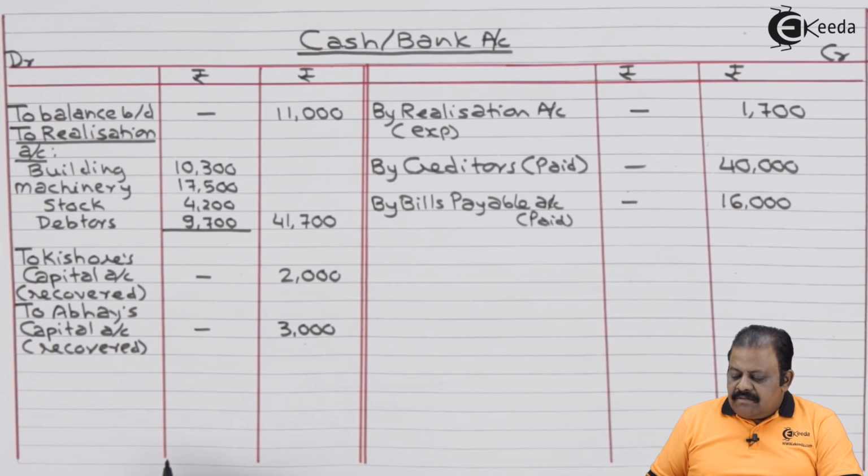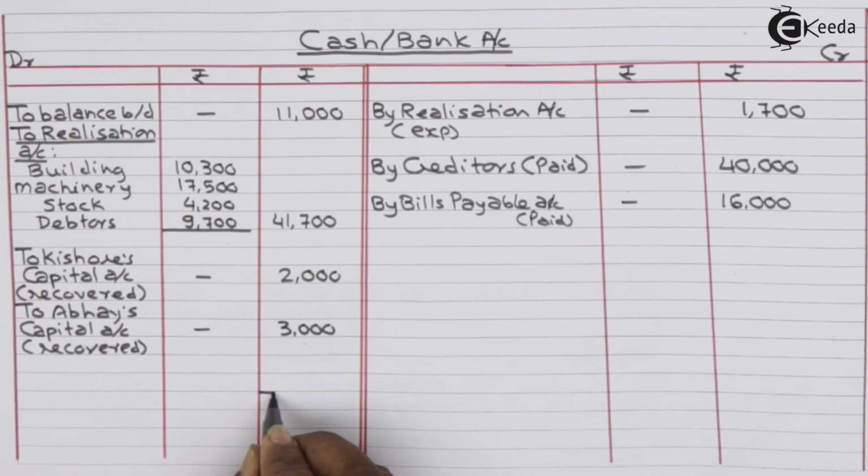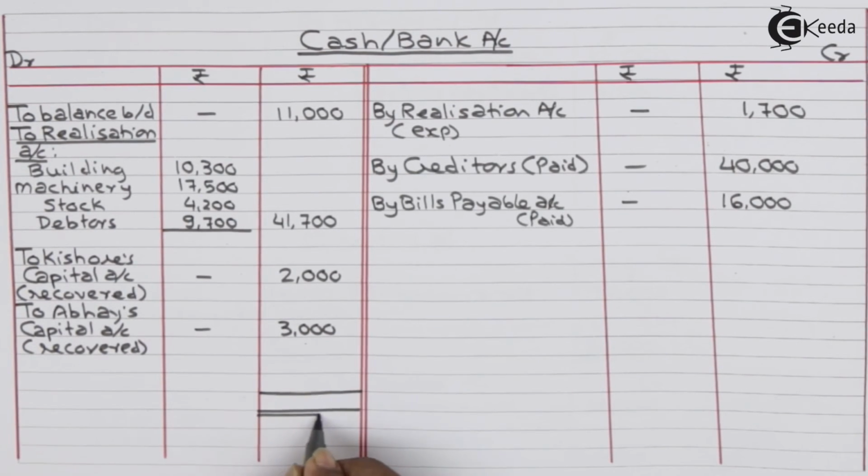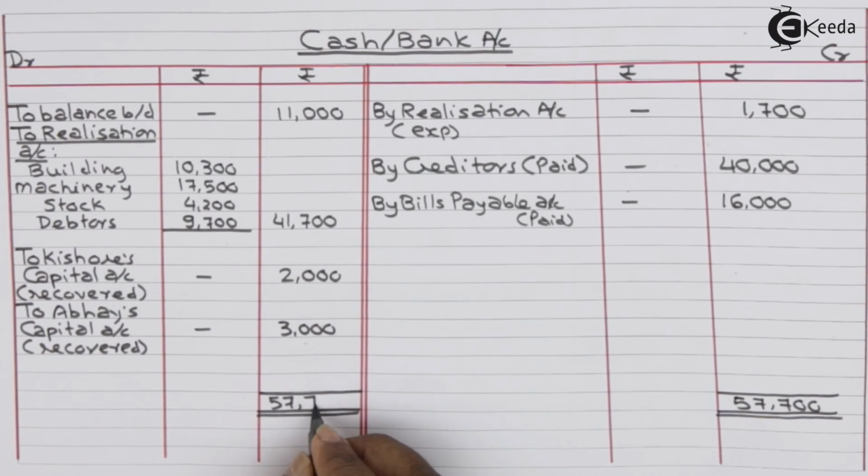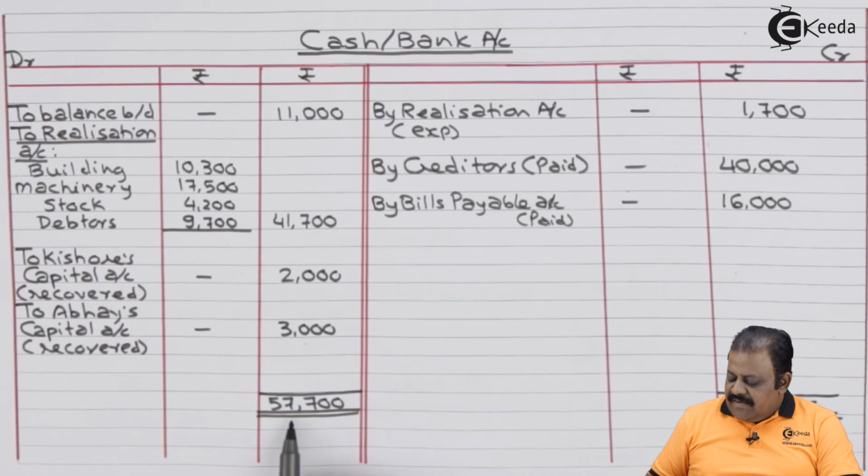At this moment, cash bank account gets closed. 57,700 cash bank account got closed. Now we'll be closing next partners capital account.